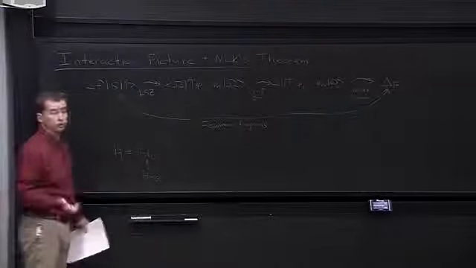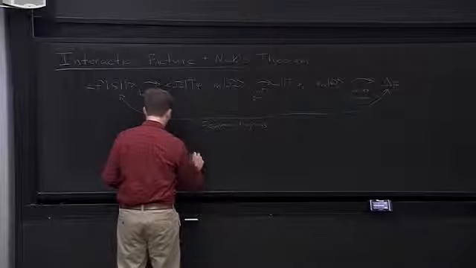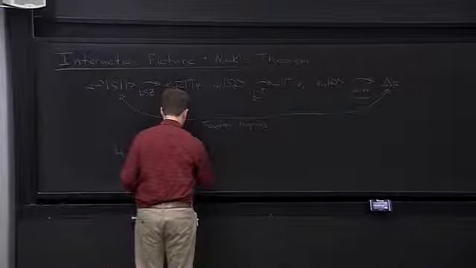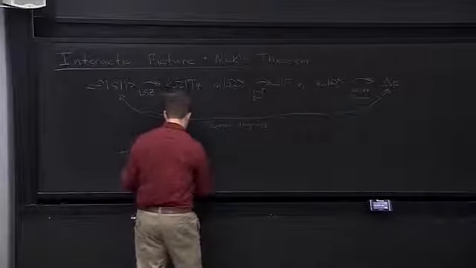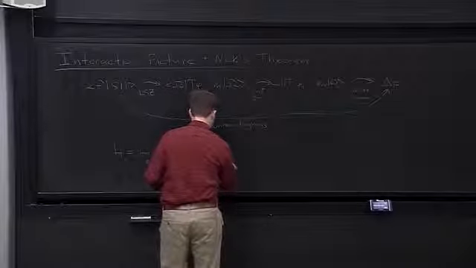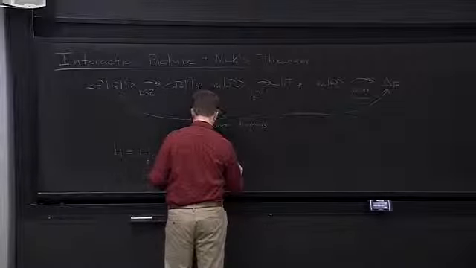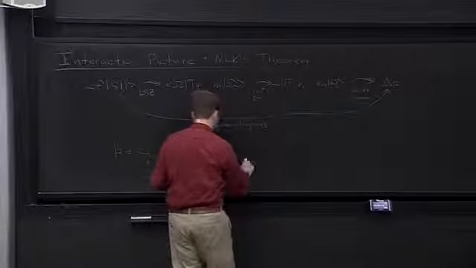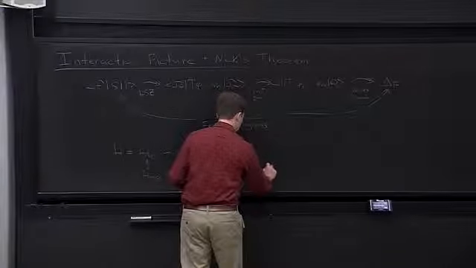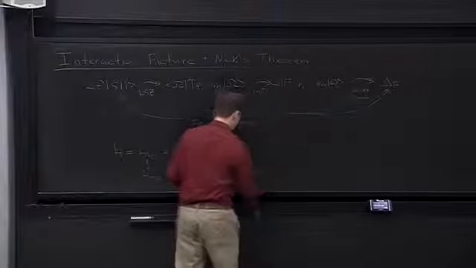And we'll imagine adding some interaction Hamiltonian, an example of which we'll look at in more detail next time, called phi-4 theory, where we had an interaction term that just has a lambda over 4 factorial phi to the 4th.